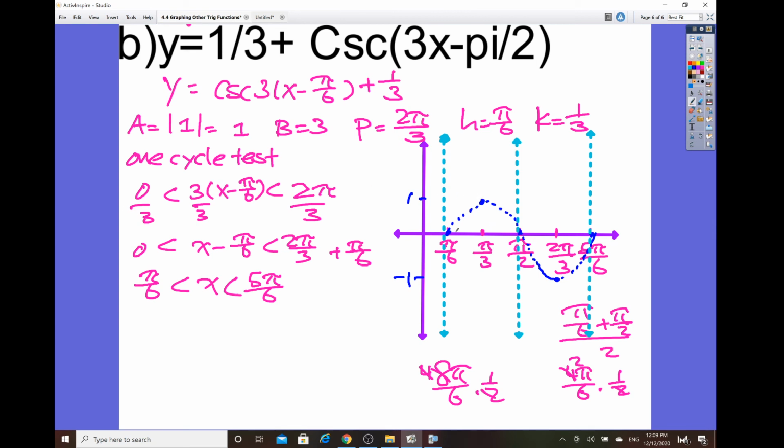So that means we need to shift those points 1/3 unit up. Well, not the vertical asymptotes, but the max and the min. So 1 plus 1/3, so 1 and 1/3. And then down here, -1 plus 1/3, -2/3. So it's 1/3 unit up. Okay, so up here, and then the one down here.